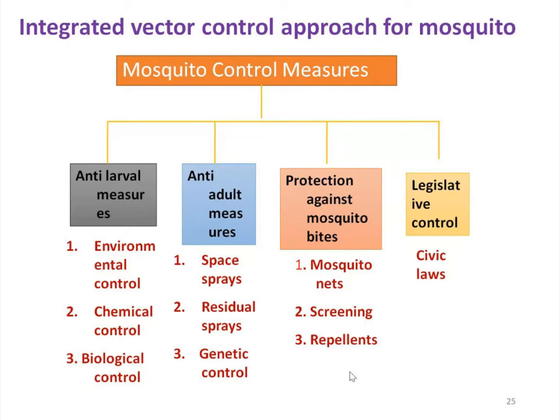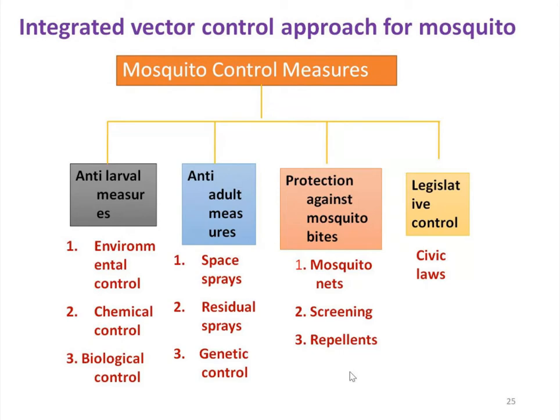Anti-larval measures are the measures used to control the larvae of mosquitoes, and anti-adult measures are used to control the adult mosquitoes. Next, protection against mosquito bites: the protection measures taken to prevent the bites, that is personal protection. And legislative control means by putting some laws. Okay, so these are the various types of measures.